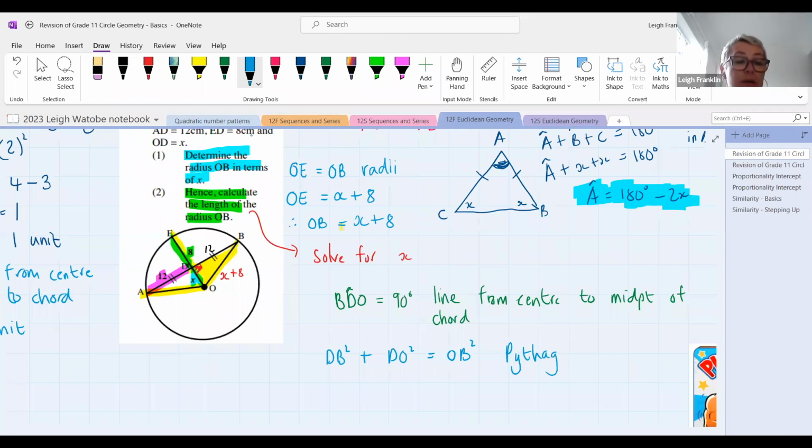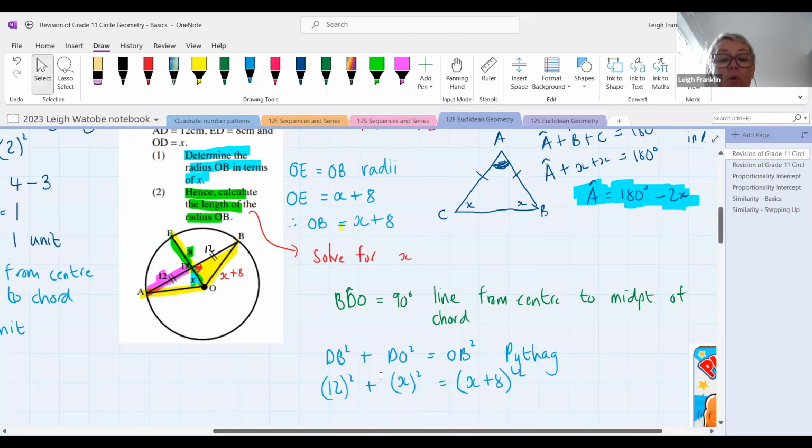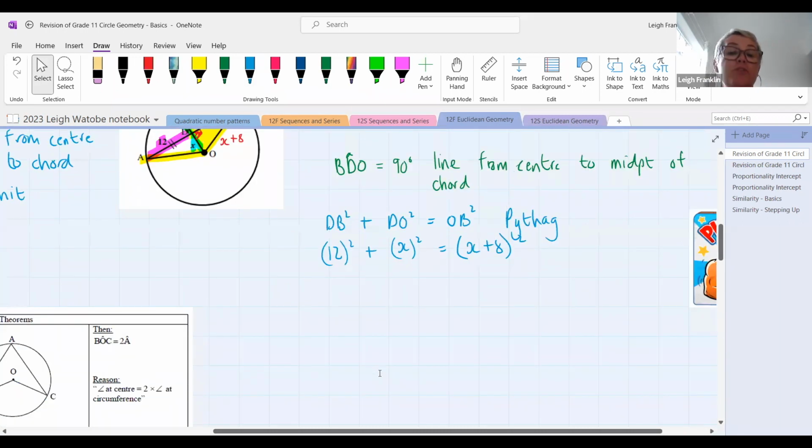Again, we are going to substitute. We know that DB is 12. We know that DO is x. And we know that OB is x plus 8. So this is going to end up being a quadratic that we now need to solve.